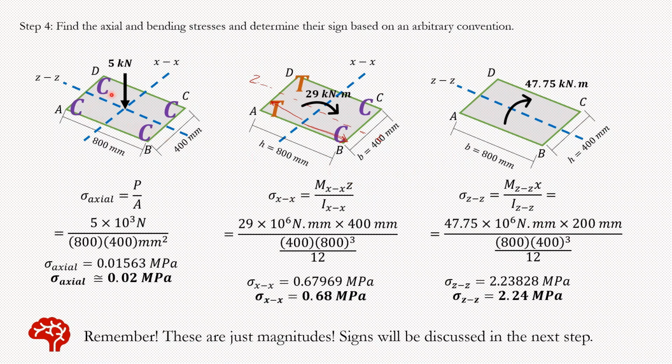In this case, you see that I have compression for this axial stress, so I'm pushing it. And as you can see from here, I am pushing here for C and B. You see the arrow. Any direction the arrow is going, that means I'm pushing in that direction.